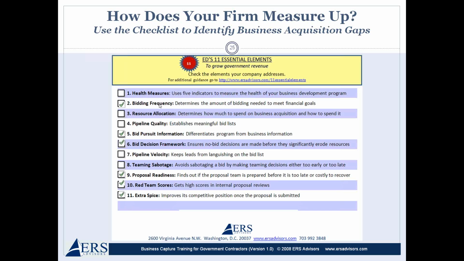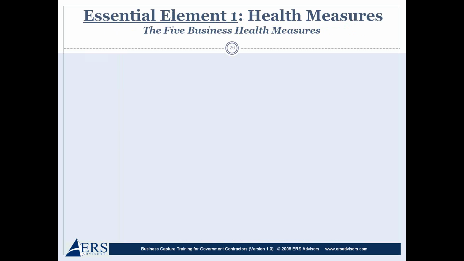And if you don't, and in this case there's 1, 2, 3, 4, 5 in which this firm, the way I've filled this out, really doesn't have health measures or a way to measure pipeline quality or pipeline velocity, and they have no real way to adjudicate who gets on their team and why, that firm is going to be at a disadvantage to the organization that has a check in every one of those boxes. So let me talk about health measures, which is essential element 1 in that list.